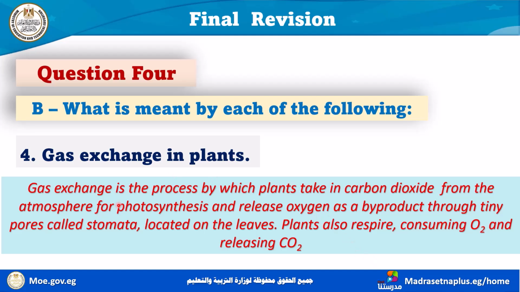So gas exchange is the process by which the plants take in carbon dioxide from the atmosphere for photosynthesis and release oxygen as a byproduct through the tiny pores that are called stomata.